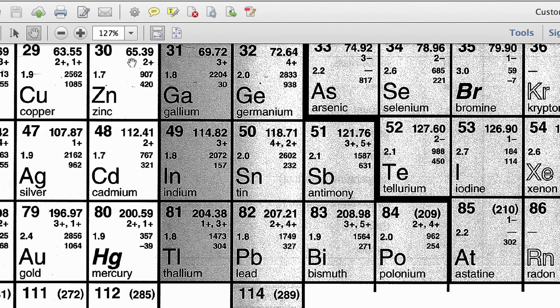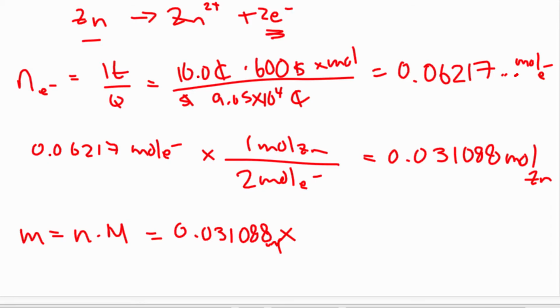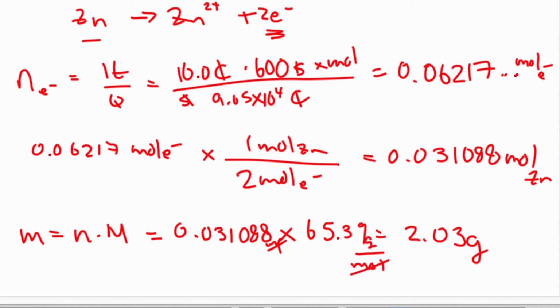Right there. 65.39. So times 65.39 equals 2.03, and I think it's 3 sig figs, and this would be grams, because this is grams in every mole of zinc. Moles cancel, left with grams. Okay, hopefully that helps with that question.